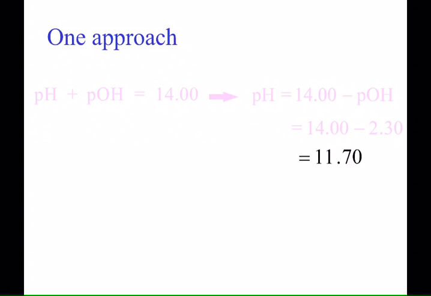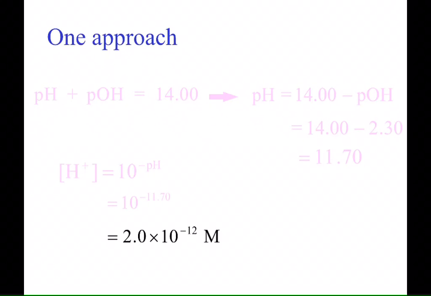If we did it this way, now we're ready to backtrack our pH to our hydrogen ion concentration. This is where we take 10 raised to the negative pH. So 10 raised to the negative 11.70, giving it 2 significant figures, because that's how many digits I got after the decimal in that pH.